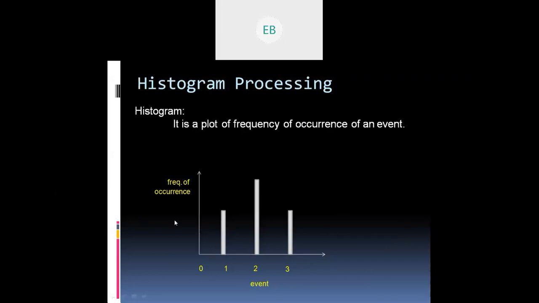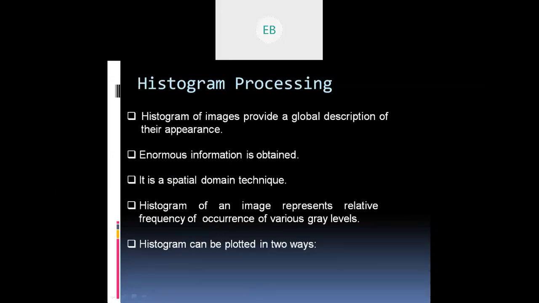The x-axis displays the events, and the y-axis displays the frequency of occurrence of the events, right? Why do we use histogram processing? Because with the help of a histogram we get to know a lot of information by just looking at the images or the graphs of the images.